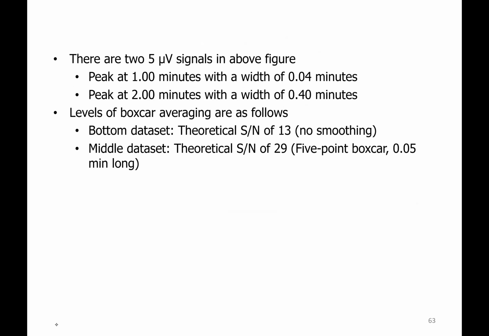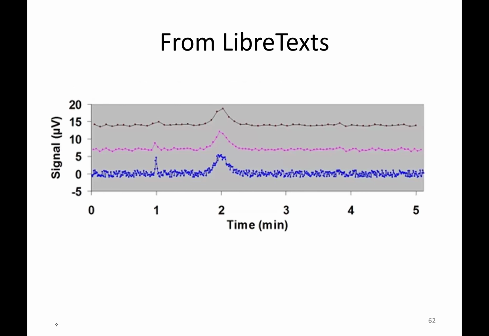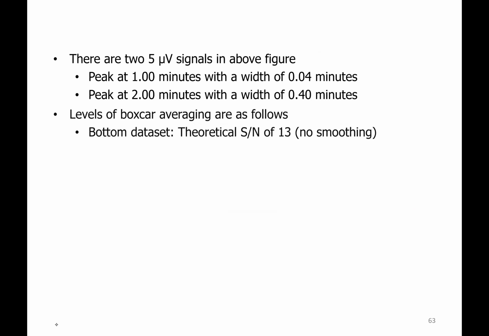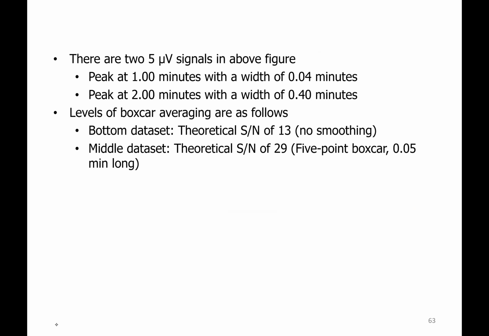Then the second one, the middle one, that peak at 2 minutes, you smooth it out by doing boxcar averaging, and you notice the theoretical signal-to-noise ratio is about 29. You can go in and look at it, 5-point boxcar. And now, notice what it was.